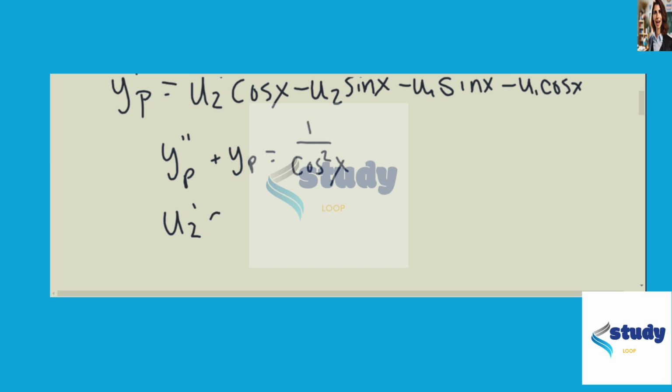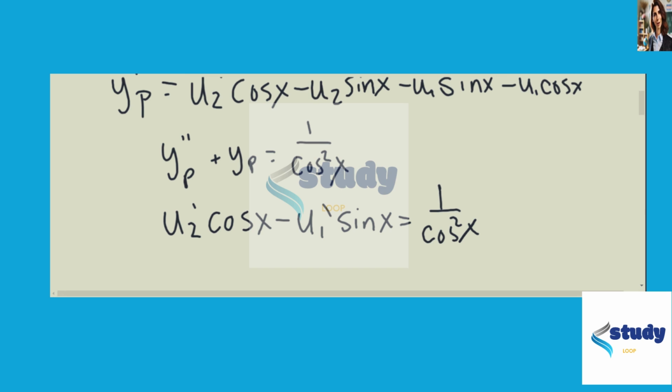So when we substitute these things in and do a little simplifying, we end up with u2 prime times cosine of x minus u1 prime times sine of x is equal to 1 over cosine squared x.